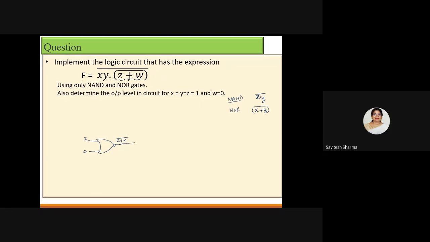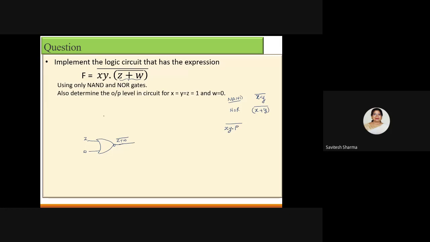Next, you see that here X, Y and then complement. If I assume that Z plus W complement is P, then this will simplify as X, Y, dot P and then complement.